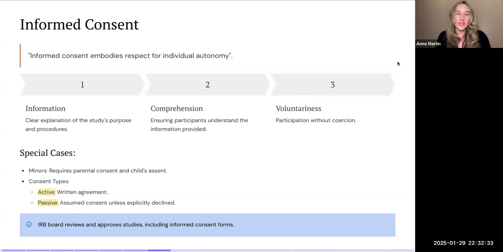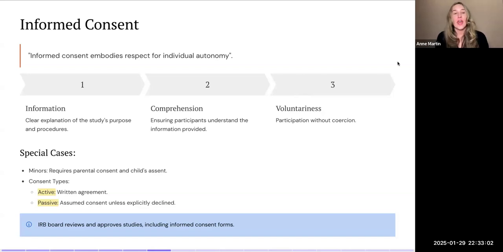With informed consent, it's important that the purpose is clearly outlined and at an appropriate comprehension level for the age or intellectual ability of the participants, so they are not being coerced into participating. It's also important that participants know that it's totally voluntary. Now, informed consent is for adults.